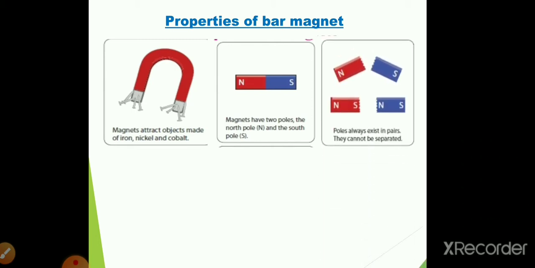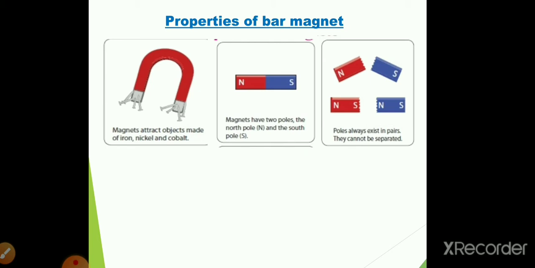The third property of a bar magnet is that poles always exist in pairs. They cannot be separated. That means if we cut a magnet, we cannot separate the north and south pole.